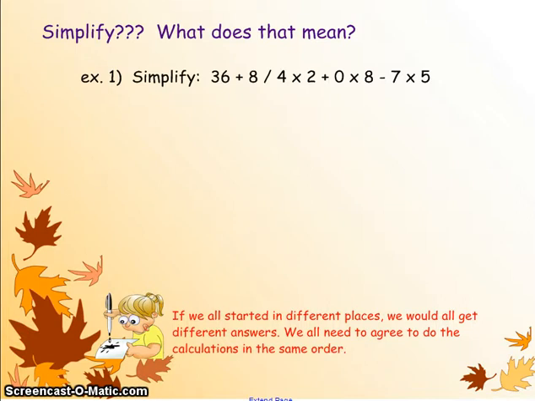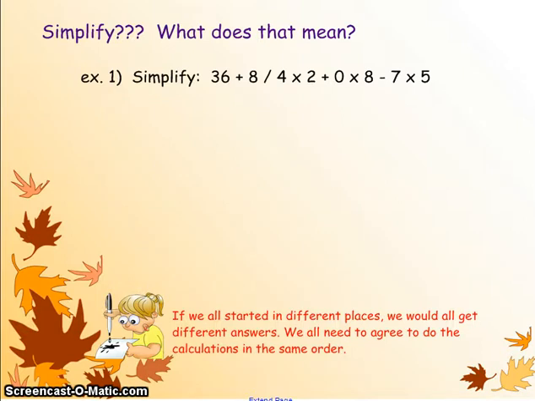We're going to take a look at example 1 here, and if we are asked to simplify this very long expression, 36 plus 8 divided by 4 times 2 plus 0 times 8 minus 7 times 5. Whew, that's a mouthful. Okay, but if we use the order of operations to break it down, we can make this much more simple to do and understand.